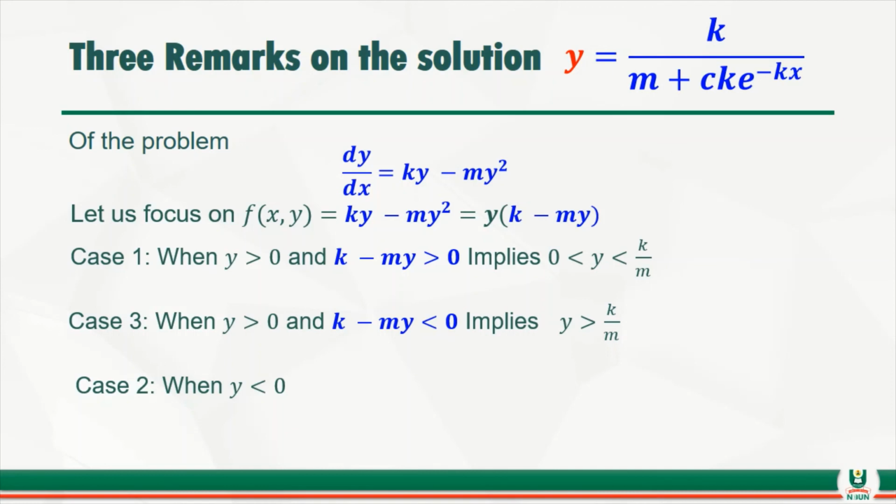Although actually we've been posing the question that M and K must be greater than 0, that is fine, but to make it more practical, we need to bear in mind: what if K is positive, greater than 0? What if M is positive, greater than 0, and at the end of the day K minus My is greater than 0? Then that is when there are 3 different cases to this solution, which you can see in your lecture notes. Thank you very much.